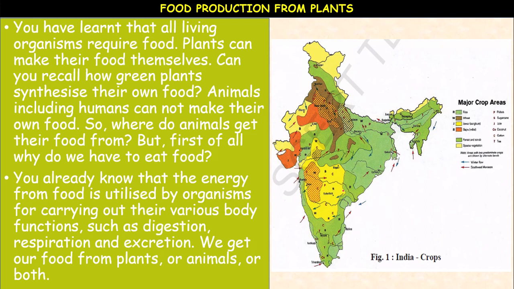Plantation crops include tea, coffee, rubber, coconut, and fiber crops include cotton and jute. These are Indian crops. So, depending upon the geographical location and the type of soil, different crops can be grown.